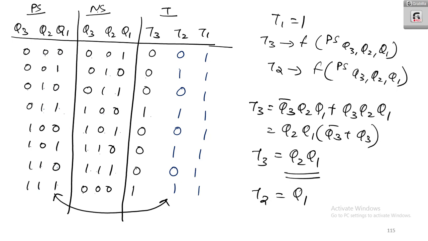Once present state and next state are done, you are allowed to look only at the present state and the value of T. So you got T3 as Q2 Q1, T2 as Q1, and T1 as 1. Now I need to draw the logic circuit, right? That is the next part. First I will draw T3, the clock, you have Q3 and Q3 bar.